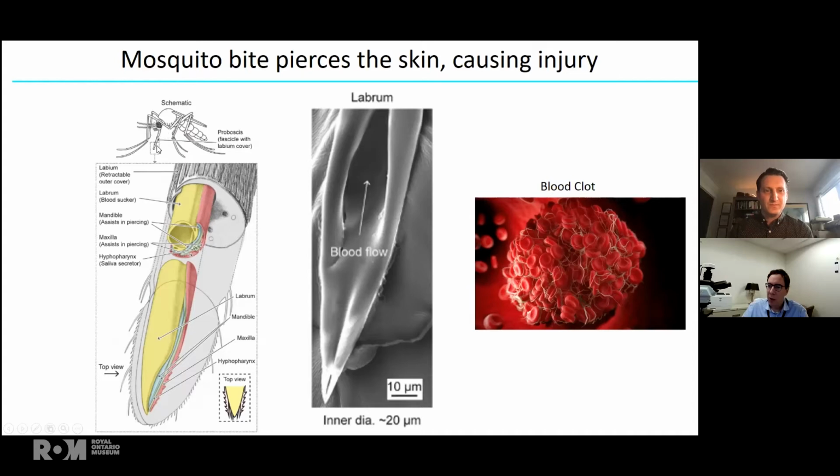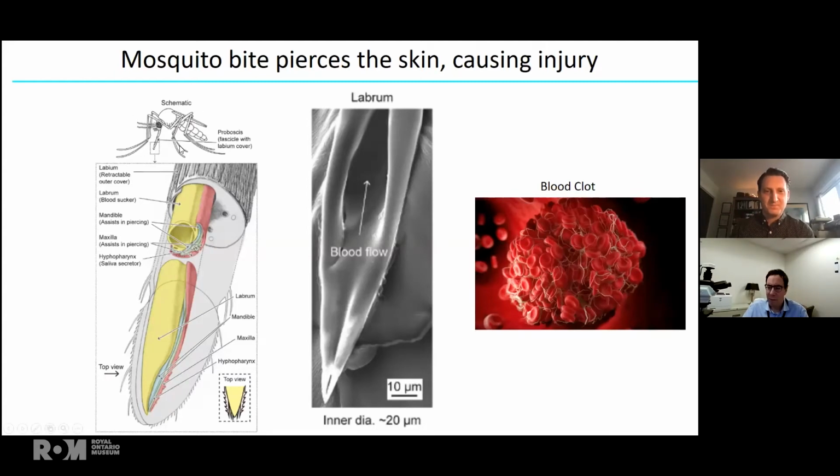This is what we call the proboscis. You can think of it as a straw. The interesting thing is that it has the mouth parts of the proboscis here. There is one area where the saliva is released, and then another area where blood is collected and ingested by mosquitoes, right?